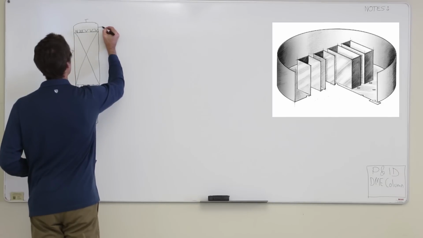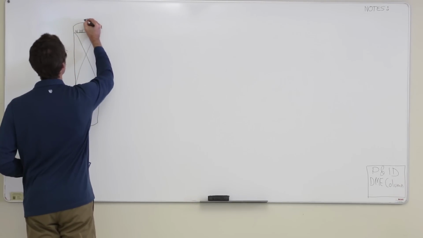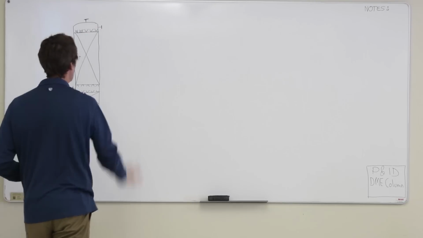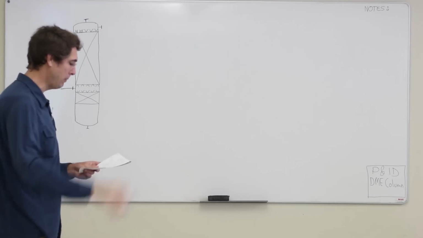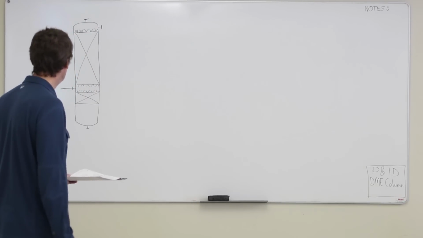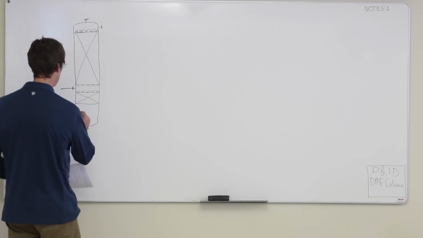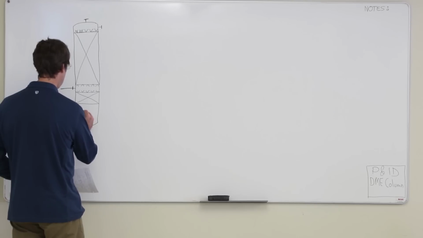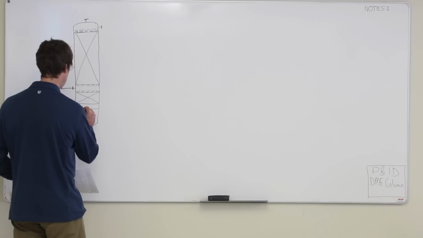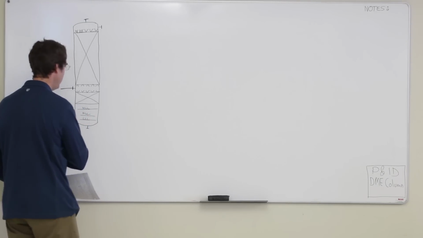Here's my reflux coming in here. My vapor is going to come out here. I'm going to have lots of nozzles for relief valves and pressure transmitters and all that good stuff. That'll come in later. We're going to need a reboiler, and we're going to need some liquid levels in here. So let's put a high liquid level in here. Normal liquid level here, and a low liquid level right about there.